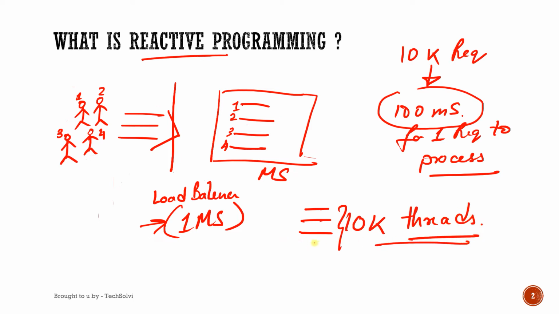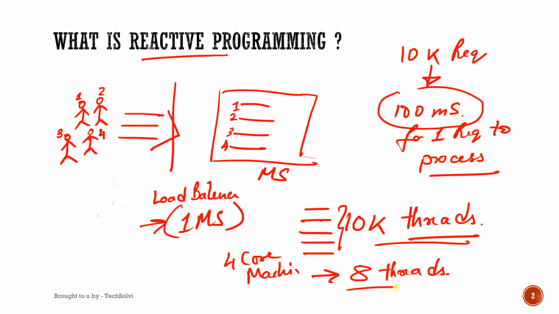Normally, the system resource that we choose for running a microservice is in general a 4-core machine, which can handle a simultaneous 8 threads.